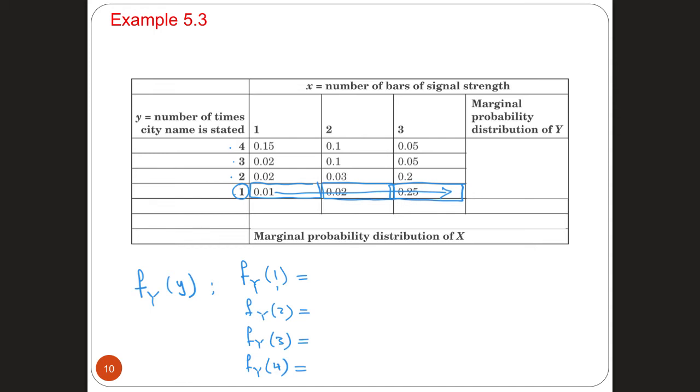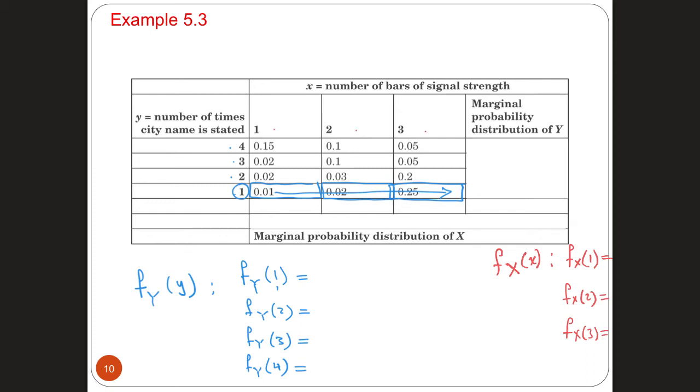Similarly, if I want to do this for the x case, so if I want to calculate f_X, then this is f_X when x equals 1, f_X when x equals 2, or f_X when x equals 3. These are the possible values of x, right? It can be either 1 or 2 or 3.